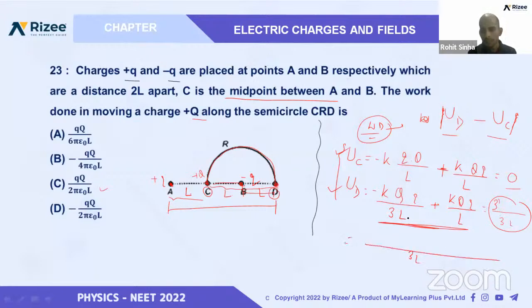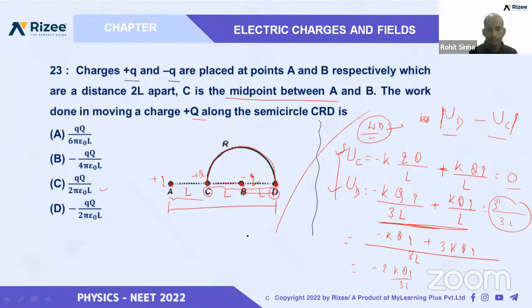It will be 3L. You can write like this. Minus KQq plus it will be 3KQq by L, and you will get minus 2KQq by 3L like this.